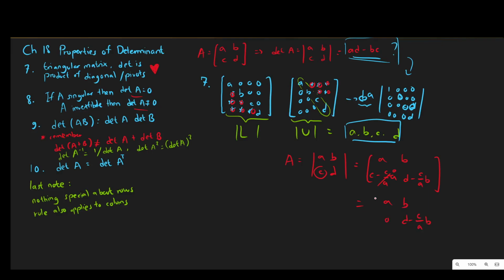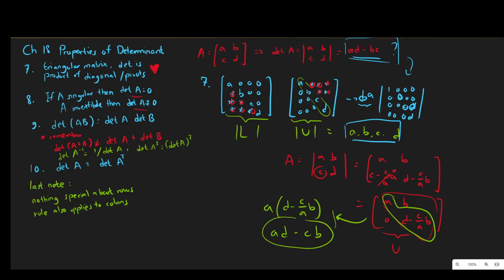Now we have the upper triangular matrix, and we can simply multiply the diagonal. So A times D minus C over A times B equals AD minus CB. There you have it. You know where this formula comes from now, which I think is really beautiful.